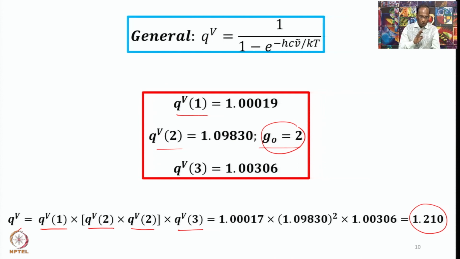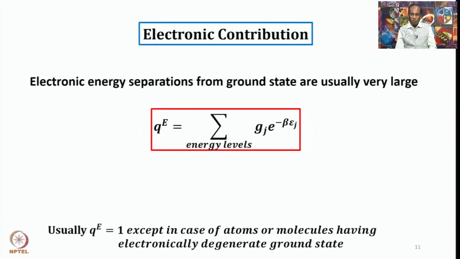That means not many molecules or particles are excited to upper vibrational states under normal temperature conditions. Since we discussed that the next higher energy level separation is electronic, if I expand this, I have Q electronic equal to g0 plus g1 exponential minus beta E1 plus so on.